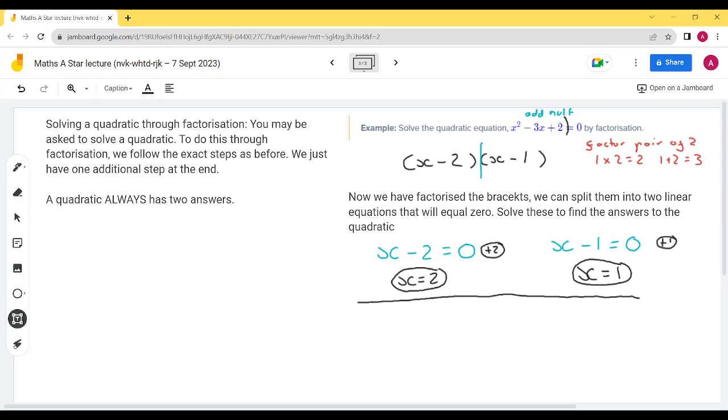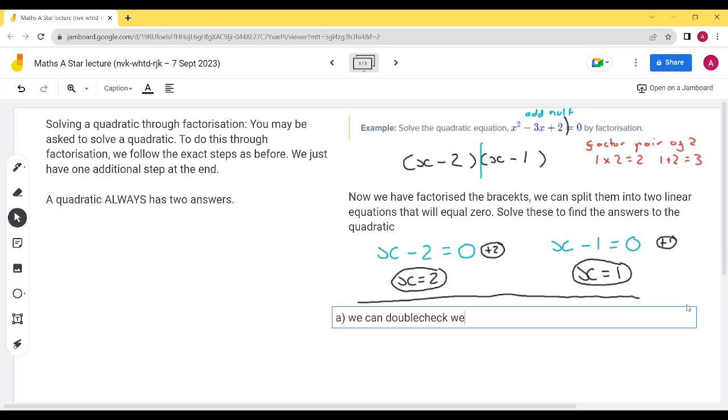And just to show, we can double check we are correct by putting our values into the quadratic.